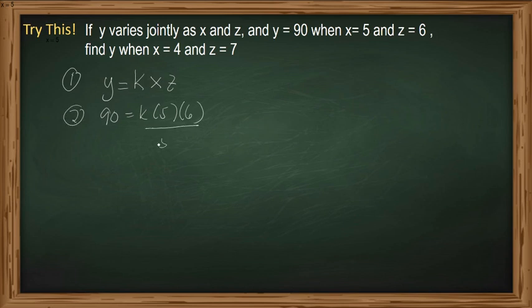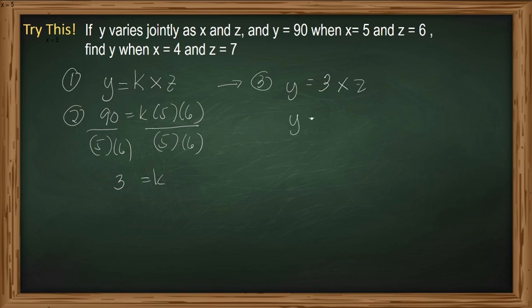So we have divide both sides by 30 or 5 times 6. Okay? So we have k now is 90 divided by 30 is equal to 3. Then you write the equation of variation. So we have y is equal to 3xz.